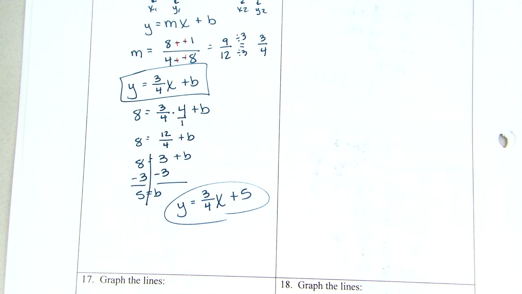Your work will have looked different if you chose the other point, if you chose -8, -1, but you're going to get the same b in the final answer, so it doesn't really matter which one you pick. Questions? So if I don't tell you the slope, we have a formula that we can use to find the slope. I think we're going to hold off on number 16 for right now because I got to make sure we get through the rest of the packet to jog your memory on those things.